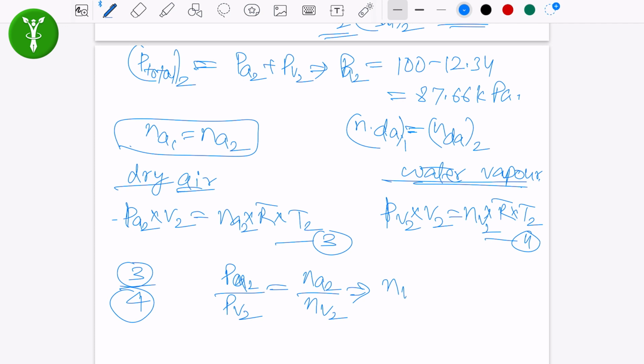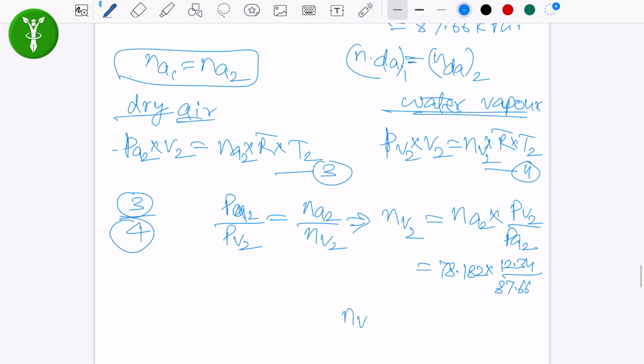So NV2 is equal to Na2 into PV2 divided by Pa2. Right? So this is equal to 78.182 into 12.34 divided by 87.50. So NV2 equals 11.00577 moles. So the number of moles of water vapor in the second stage will be equal to 11 moles.